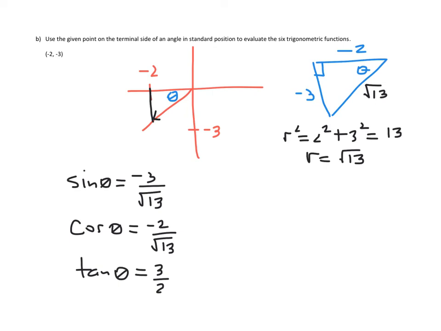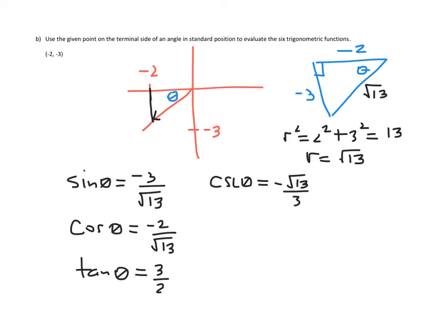And then here we can get the reciprocal functions. So cosecant of theta is equal to the square root of 13 over -3, which is equal to -square root of 13 over 3.